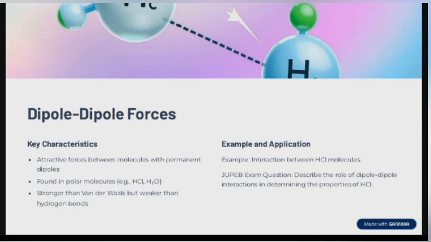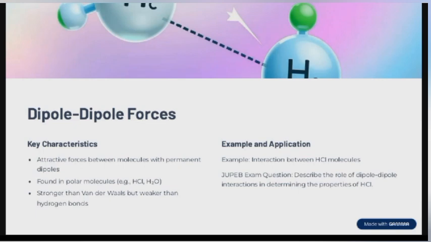For dipole-dipole interaction to happen, the positive end of dipole A will be interacting with the negative end of dipole B. They will attract because unlike poles attract. Because of this attraction, there is a force between these two molecules. This force between the negative end of one polar molecule and the positive end of the other is called dipole-dipole intermolecular force of attraction.